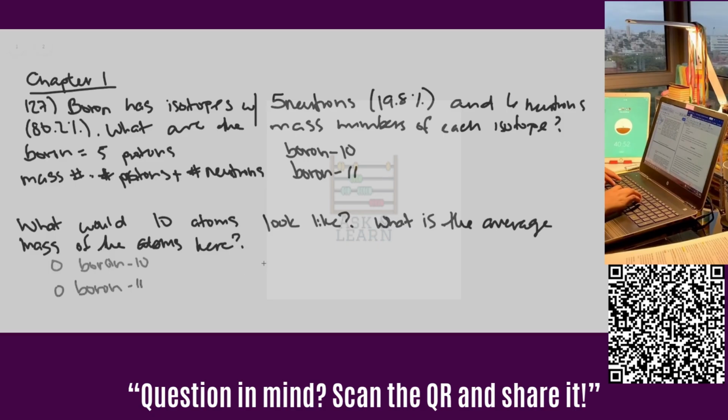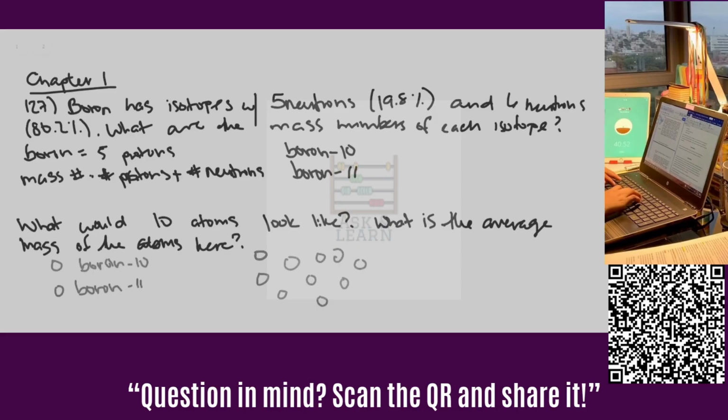So if we were to draw 10 atoms, that would mean that 2 of them are boron 10, and then 8 of them are boron 11, because they make up about 80% of naturally occurring boron.